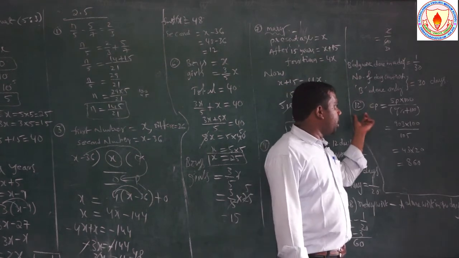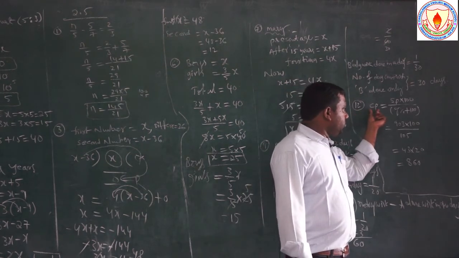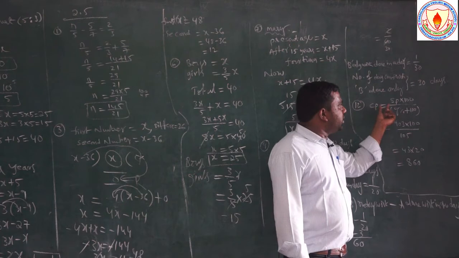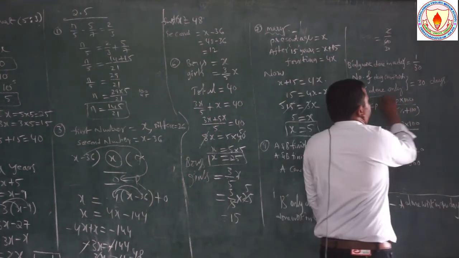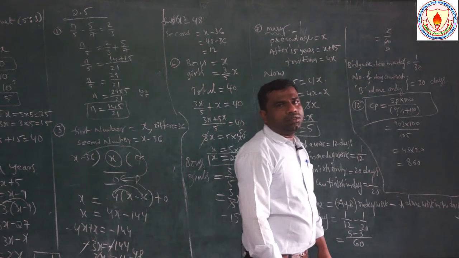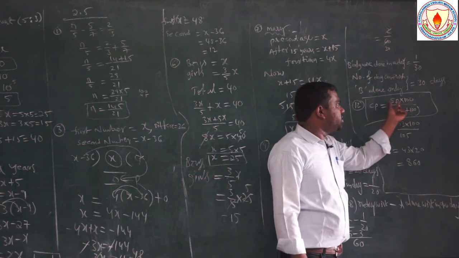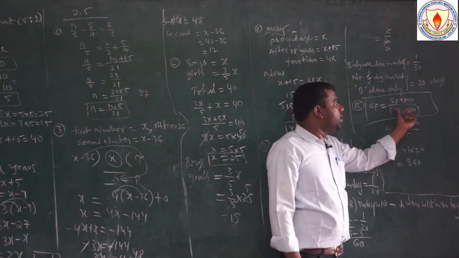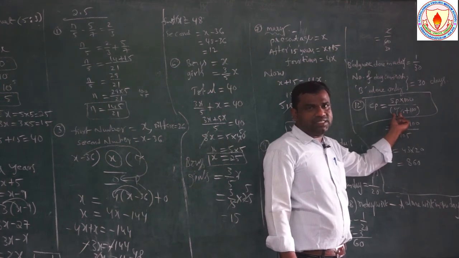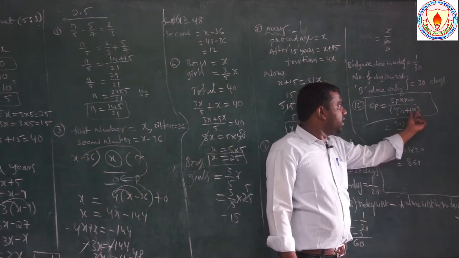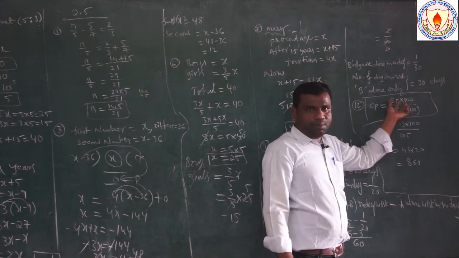Next, coming to the 12th problem. Cost price is equal to selling price into 100. This is one formula for finding the cost price: cost price is equal to selling price into 100 by gain percentage plus 100. SP is already given in the problem.